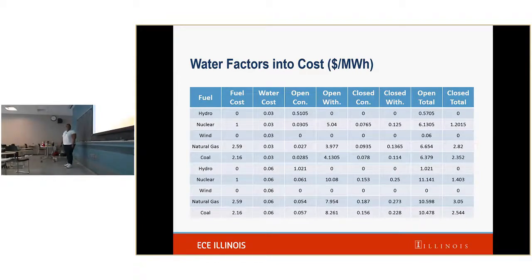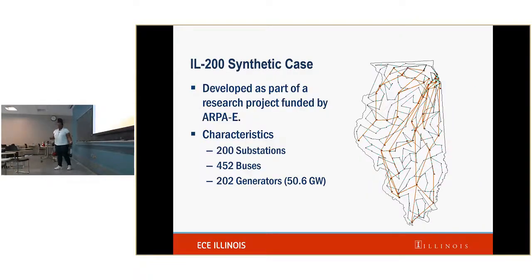And then since I got this data from an Illinois paper, why not use it on an Illinois synthetic case? Professor Overby is doing a lot of research in synthetic networks with some of his students.